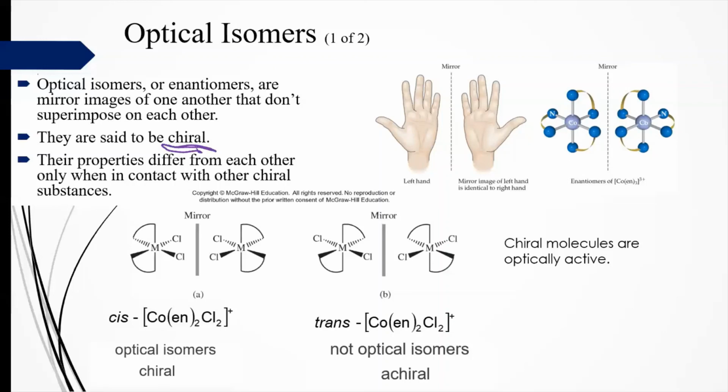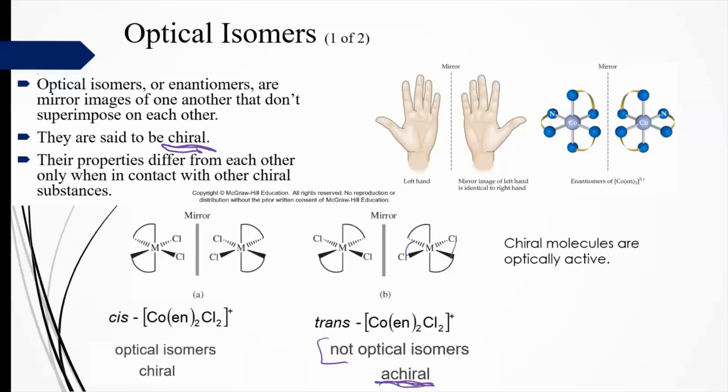You can see that for our trans version, while we've mirrored them across, if we take this one and rotate this chlorine here and this chlorine there, our molecule ends up looking identical to the one on the left-hand side of the mirror. It means that they are superimposable, so they are not optical isomers, and this is called achiral. It means that they're going to be the same.